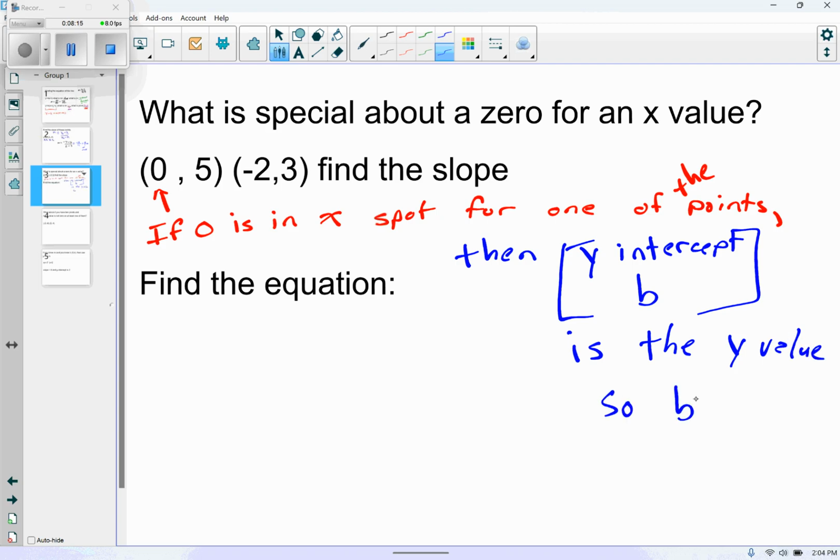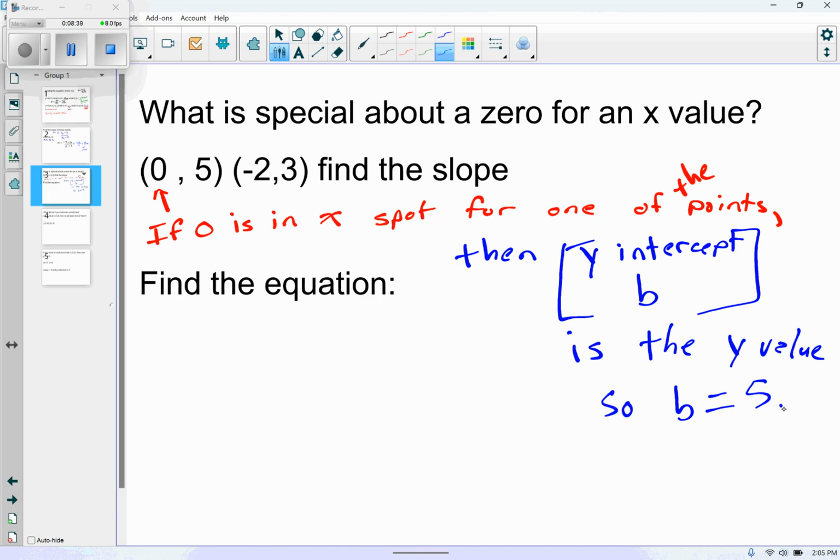So b equals 5. Okay? So if 0 is in the X spot for one of the points, then the y-intercept, which is sometimes referred to as b, is the y value. So b equals 5. So y-intercept b is the y value. Okay? So that's where this 5 comes from.